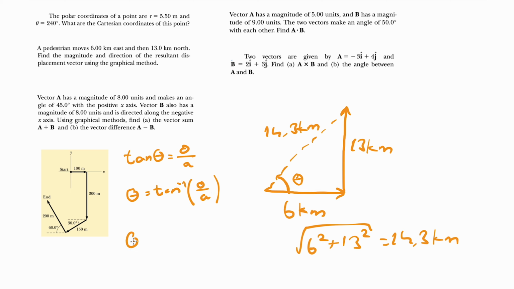For our case, that's theta equals tangent inverse, and the inner value is opposite, which is 13 kilometers, divided by adjacent, which is 16 kilometers. Let's look at that. With our calculator, that's about... It's actually really quite a small value. Actually, that's not right. It needs to be 1.14.